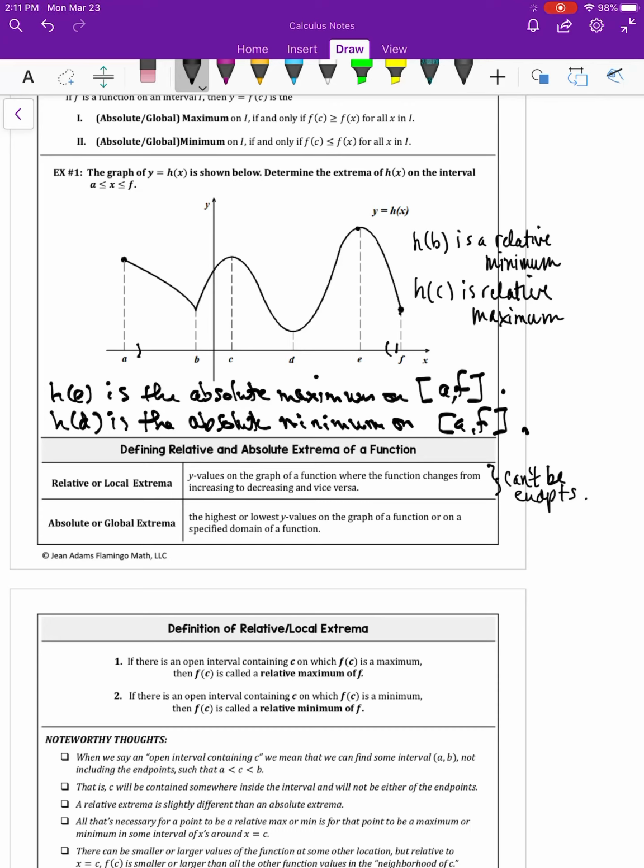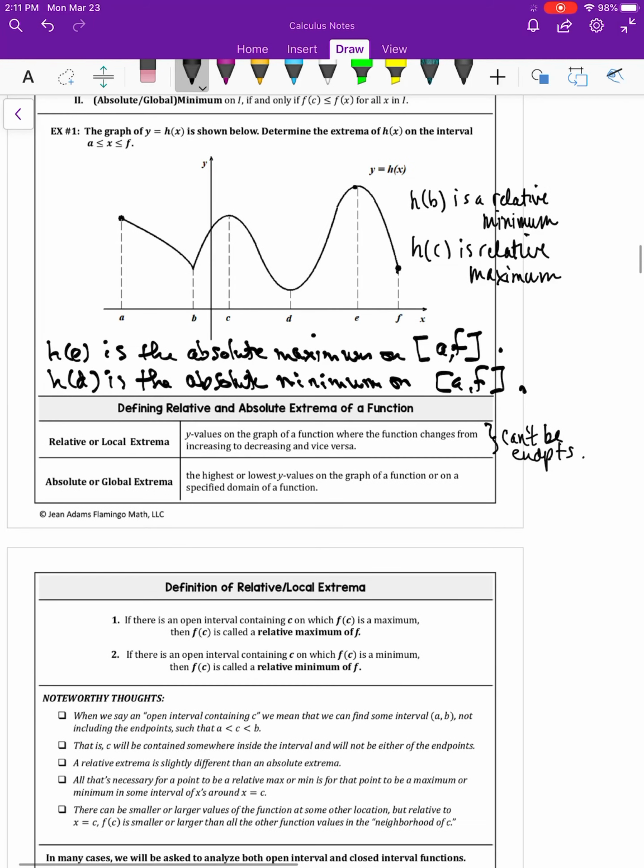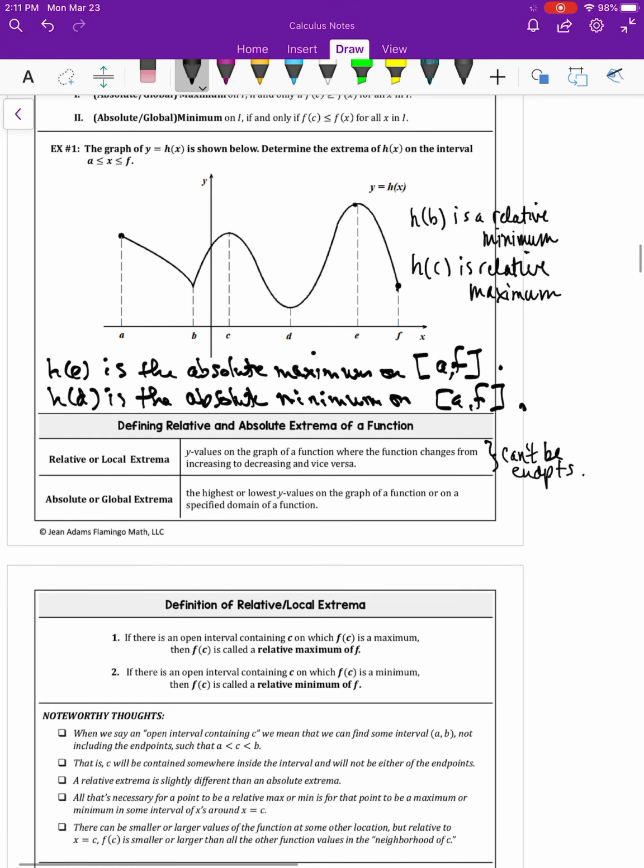And H of F would be considered a relative minimum, but again, only coming in from the left. So there's two different thoughts, and different books have different ways to write about it. And we're going to talk about it as just looking at the interior on a closed interval.